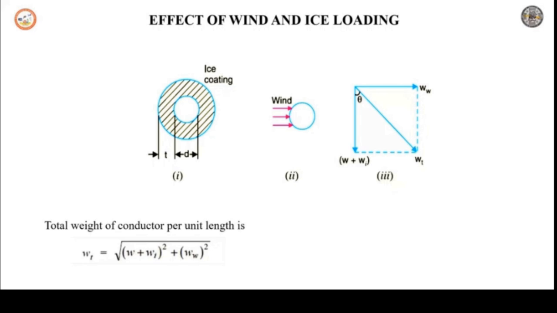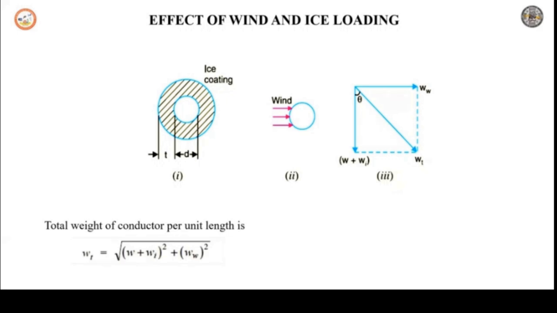That is shown here. The effect of ice as well as wind loading together adds weight on the conductor. How is it considered? W is the weight of the conductor itself acting vertically down. Wi is the weight of ice acting vertically down. Ww is the wind force acting horizontally.